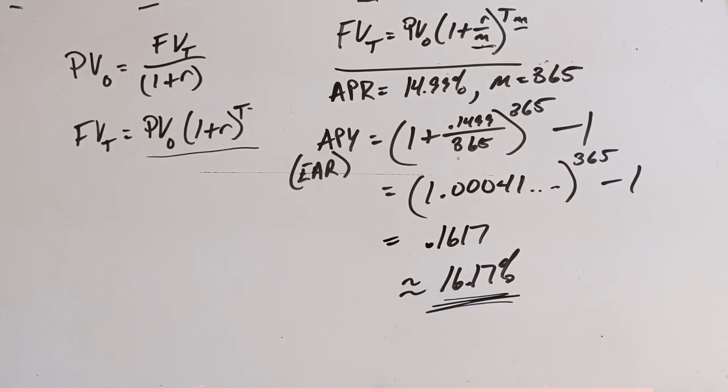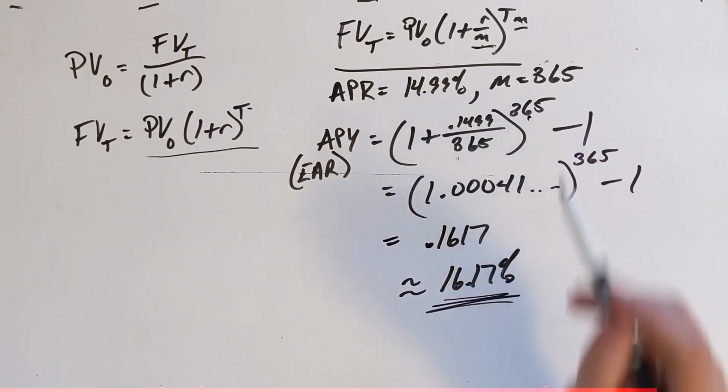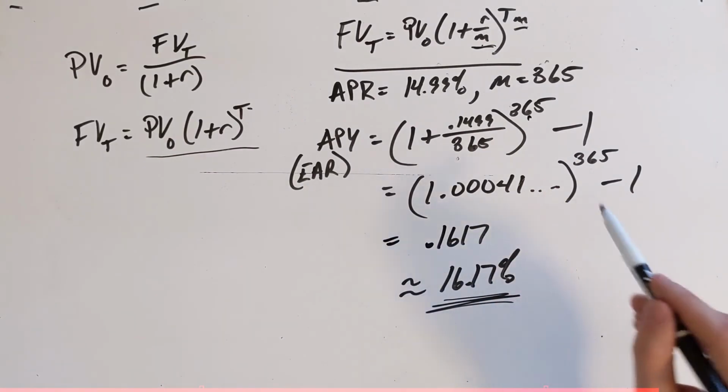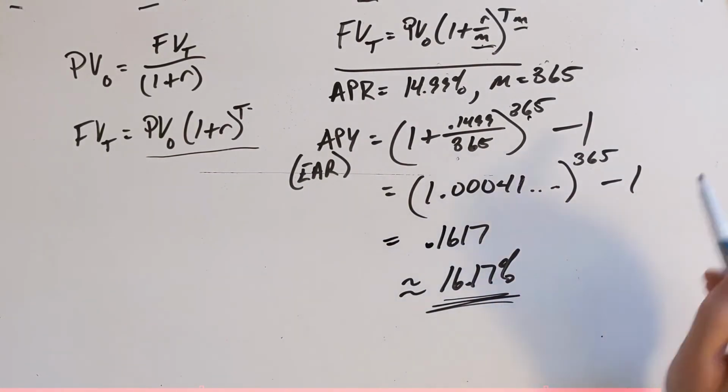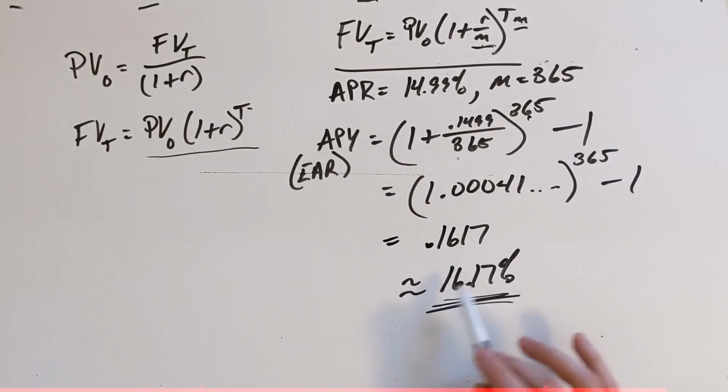There's an extra percent, and the reason is the interest is calculated every day, and every day there's a little bit more money in the balance because you are accumulating interest, and that interest is drawing interest, and that effectively increases your interest rate by over 1%.